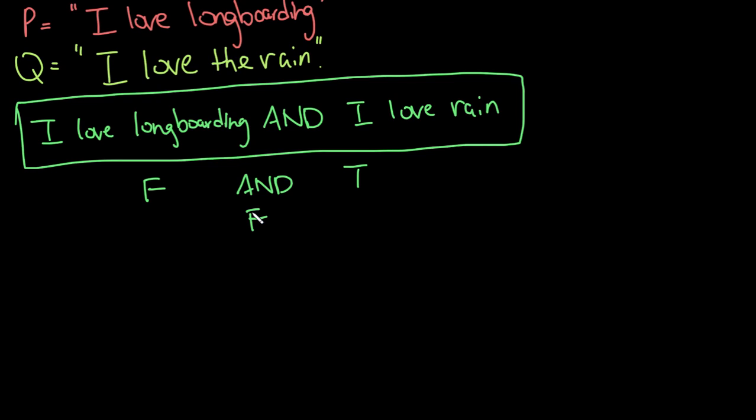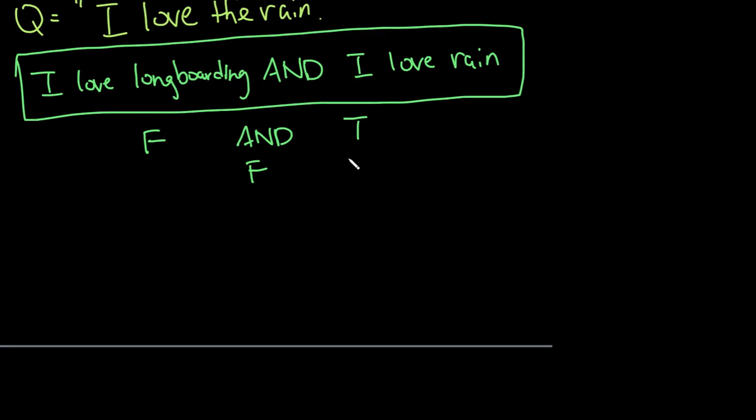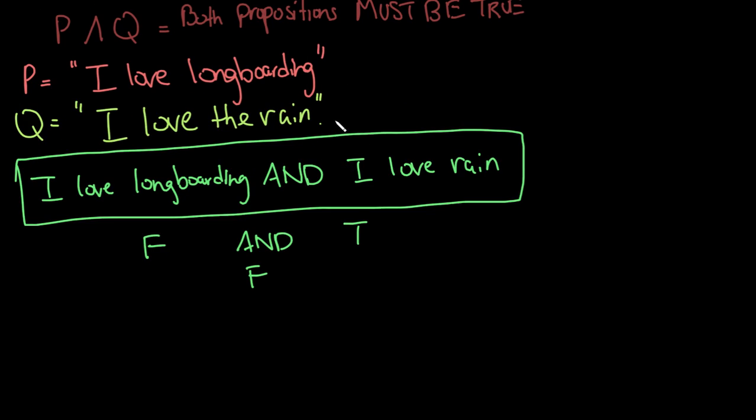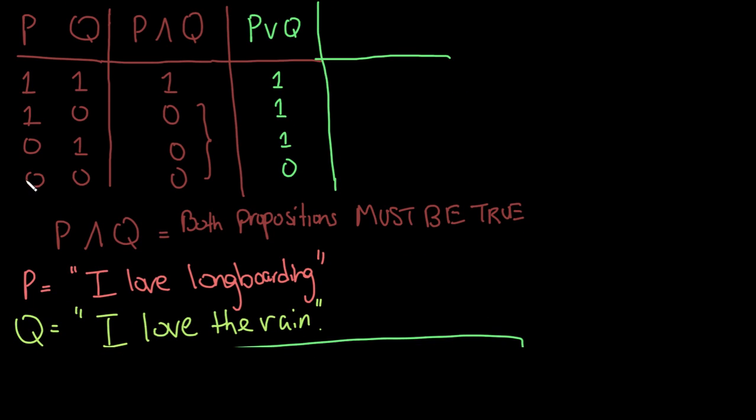What if I love longboarding was false? It's either-or. It doesn't matter which one is true. It's either I love longboarding or I love the rain or I love both, and as long as one of those things is true, the entire sentence is true. If they were both false, the entire statement is indeed going to be false. So hopefully that makes sense.